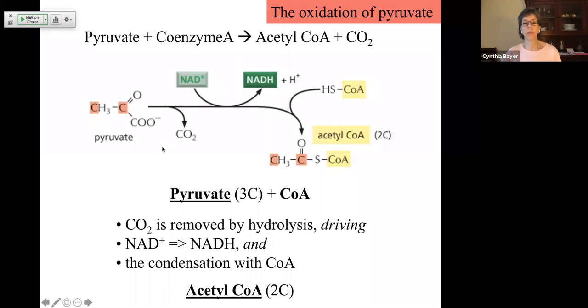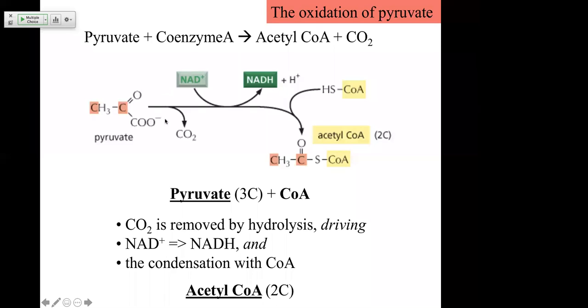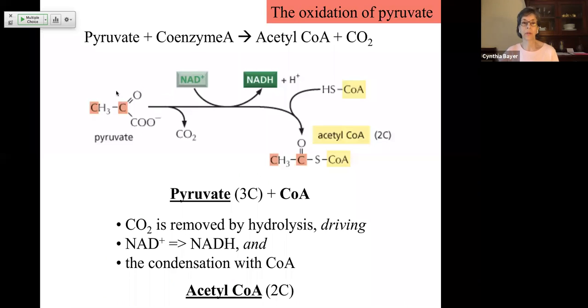That reaction releases energy that drives the reduction of NAD+ to NADH. Right, so this oxidation drives this reduction, extracting electrons from the pyruvate molecule. They're stored in NADH. We'll see later what happens to those electrons.